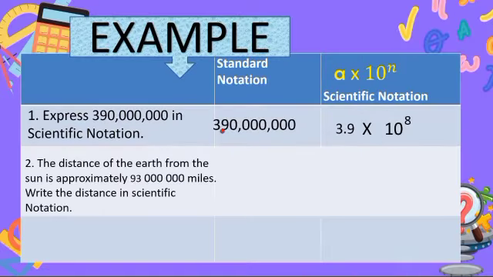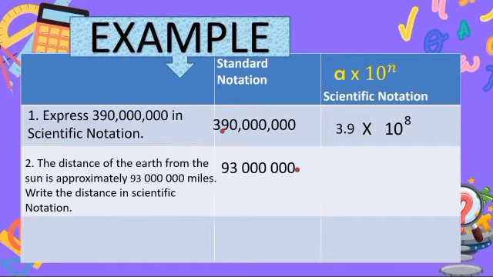Another example, the distance of the earth from the sun is approximately 93 million miles. So, yung 93 million in standard notation, how are we going to express this in scientific notation? Again, identify natin ang ating significant digit, which is 9 and 3. So, 9.3 ang gagamitin natin as our significant digit.